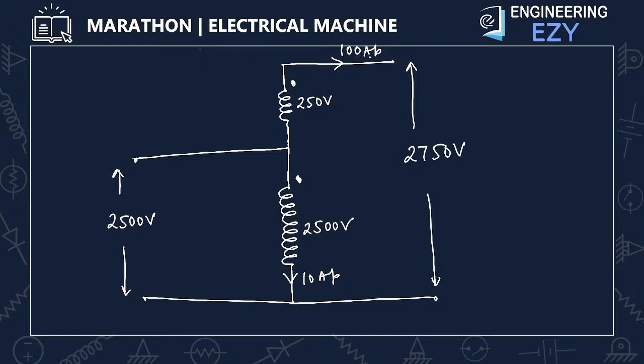This current is 100 ampere and this current is 100 plus 10, because 100 ampere is outgoing and 10 ampere is this, so 10 plus 100 is 110 ampere. Now how much power is transferred? The power transferred is 2500 into 110. You can calculate on the primary side or the secondary side, both have the same power.